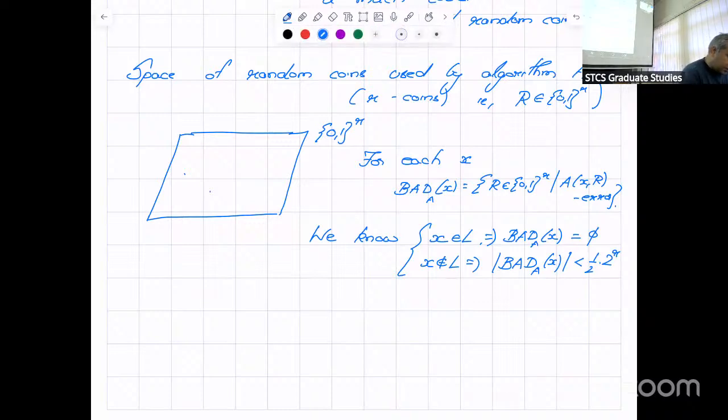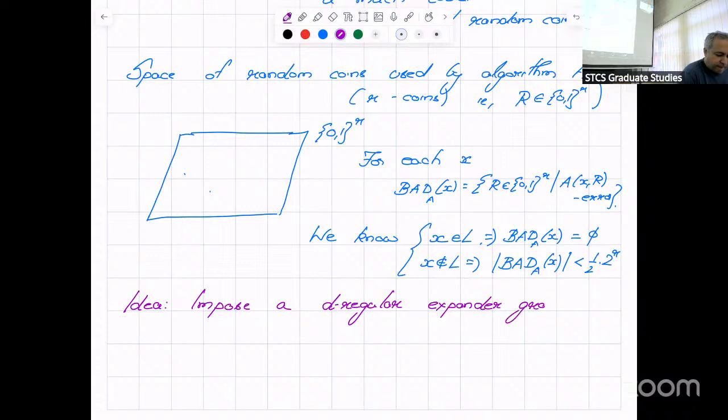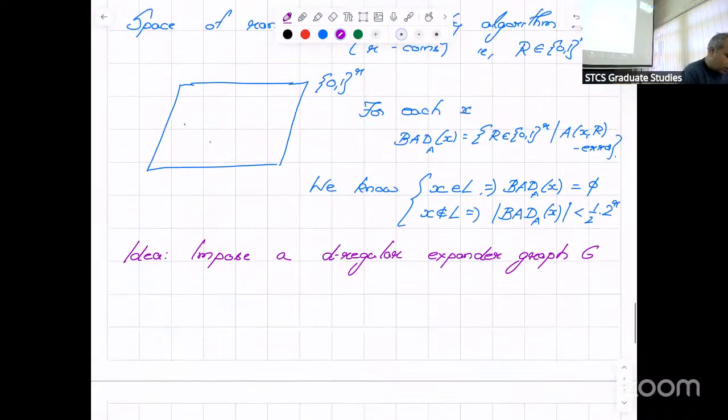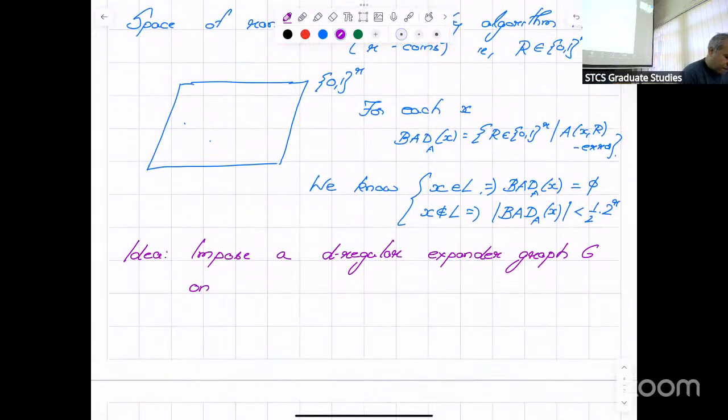What we'll now do is the idea which we're going to use: impose a d-regular expander graph G on {0,1}^R. This 3-regular could be 2-regular or something.